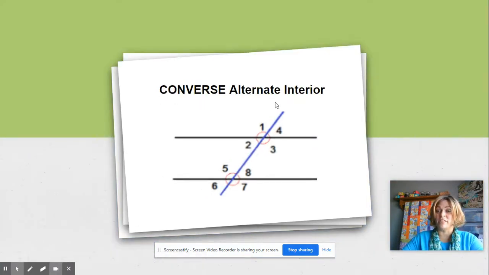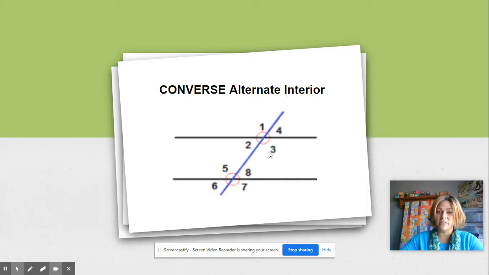Converse, alternate interior. So keep in mind, converse is when they switch the order. The rule, alternate interior, is if the lines are parallel, alternate interior angles are congruent. So the converse, if alternate interior angles are congruent, then the lines are parallel. You're proving that the lines are parallel.